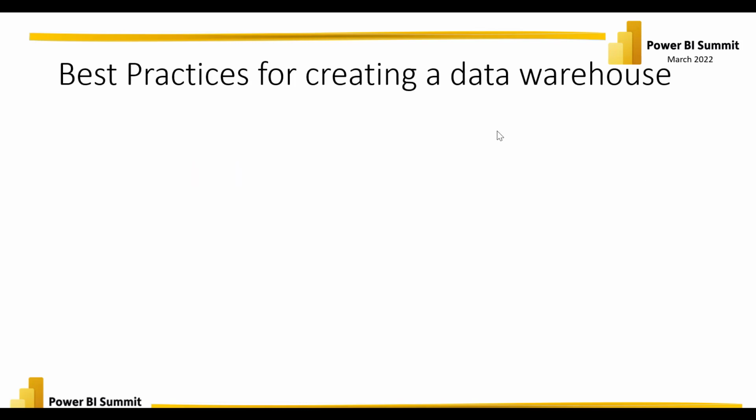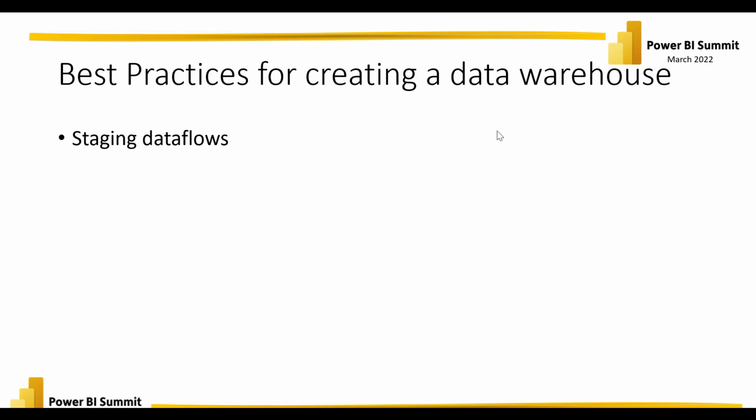Now let's look at some of the best practices for creating a data warehouse using data flows. Designing a data warehouse is one of the most common tasks that you can do with a data flow. So one of the key points in any data integration system is to reduce the number of reads for the source operational system, which is the transactional system.